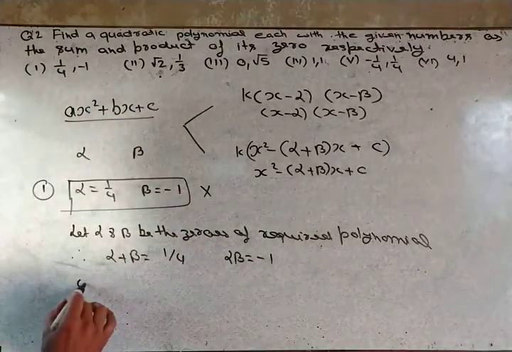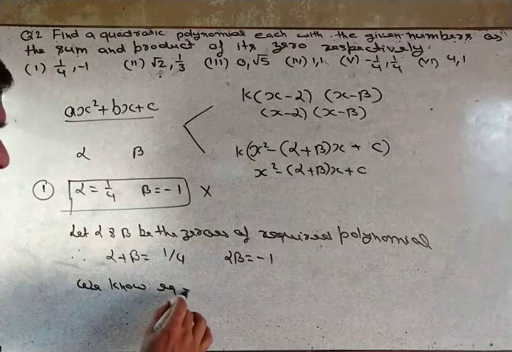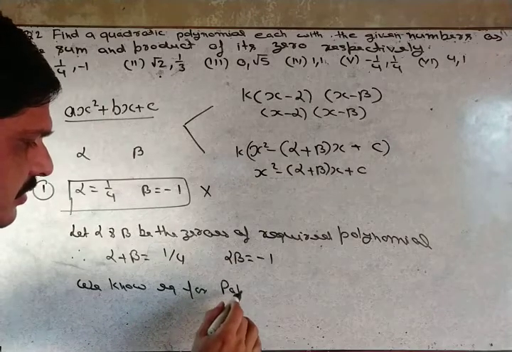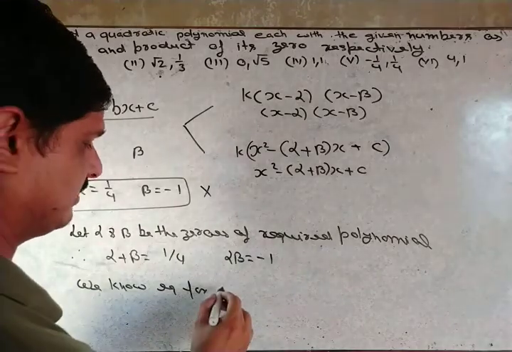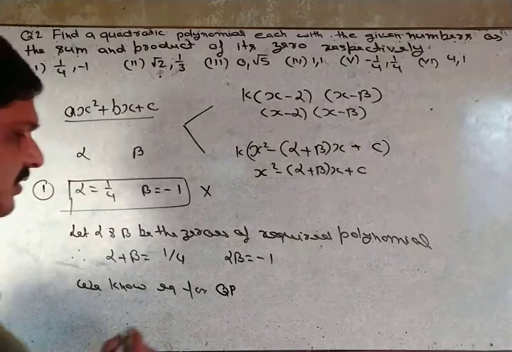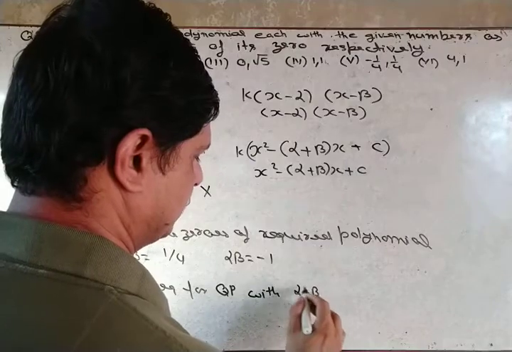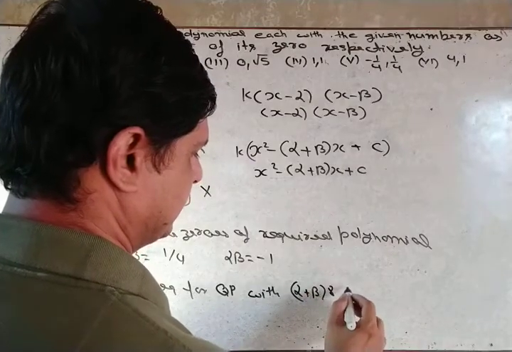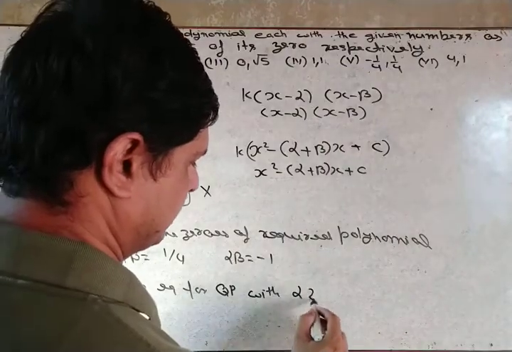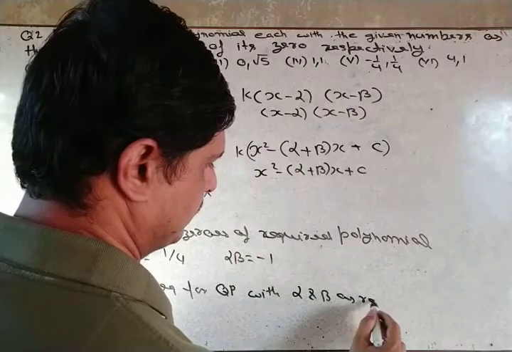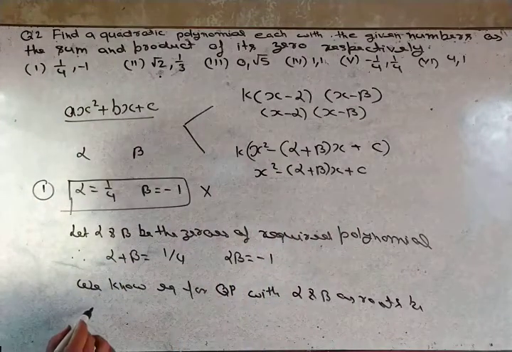And we know the equation for a quadratic polynomial. I am writing QP, but you will not write this. You will write completely quadratic polynomial. You know the equation for the quadratic polynomial with alpha and beta as roots. This equation is there.